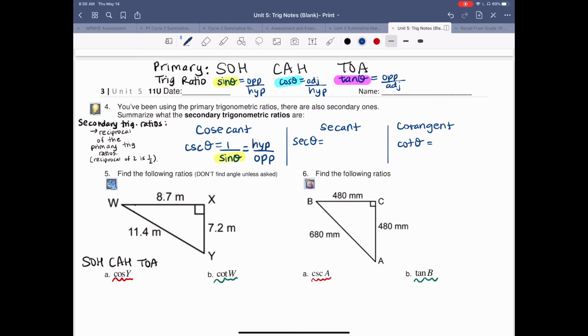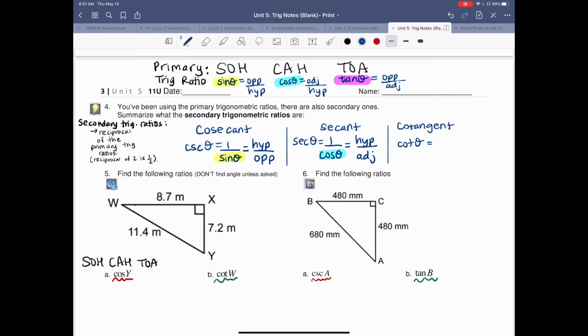Next, I have secant. That's a long form for sec. So sec theta is equal to 1 over cos theta. So it's the reciprocal of cos theta. And so instead of having adjacent over hypotenuse, I'm going to have hypotenuse over adjacent.